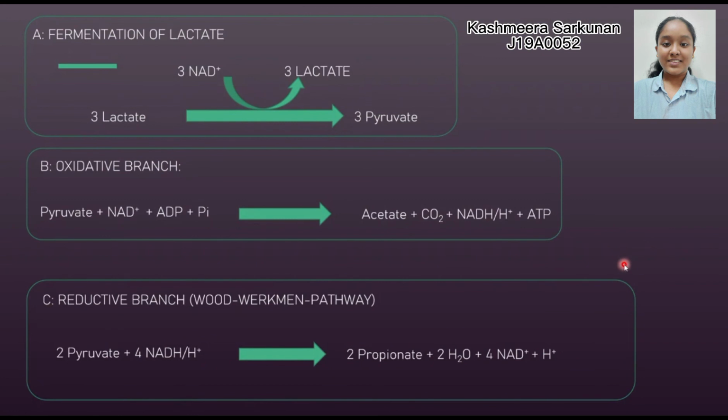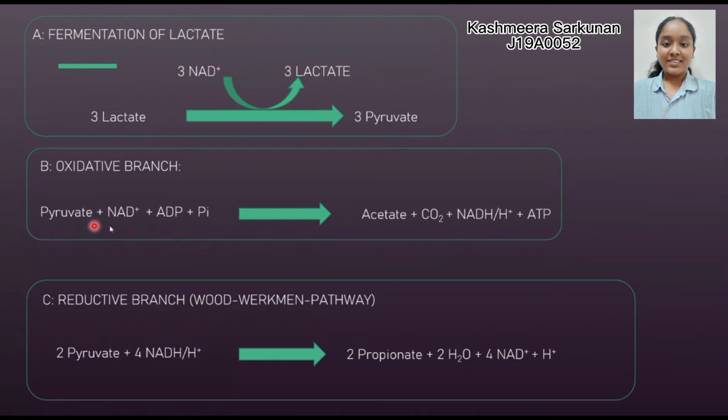Hi everyone, it's me again. I'm going to summarize the overall process that my friend explained to you earlier. So here we have fermentation of lactate, the oxidative branch, and the reductive branch, which is the Wood-Werkman cycle. For the fermentation, let's say 3 lactate will be oxidized to become pyruvate. There will be three pyruvate.